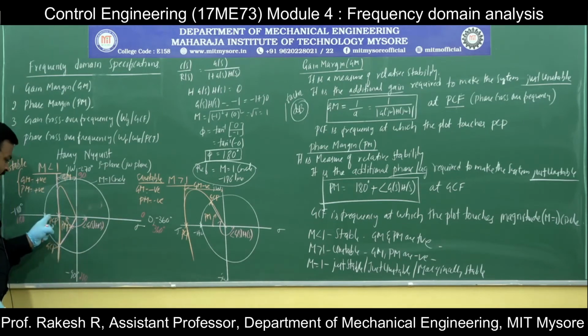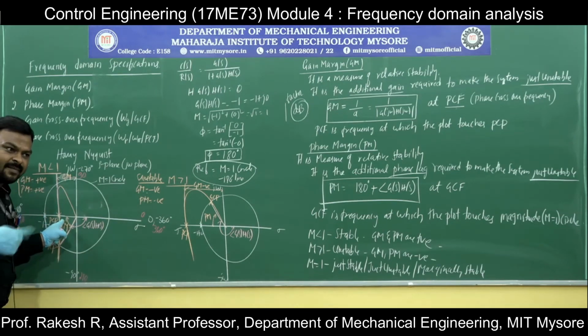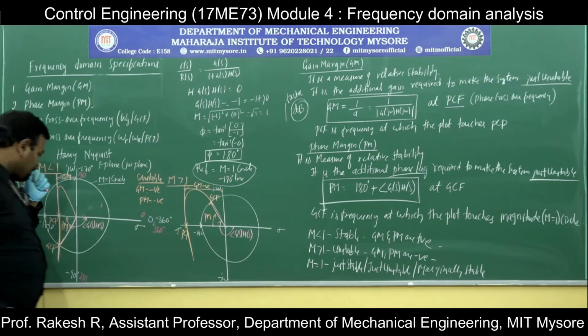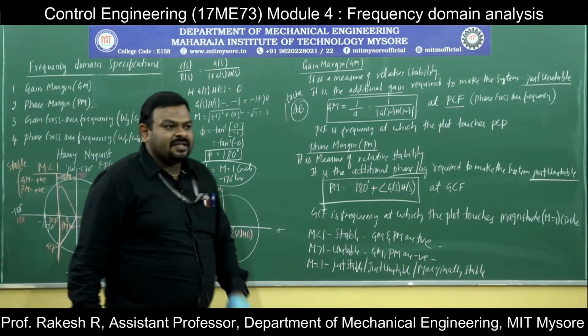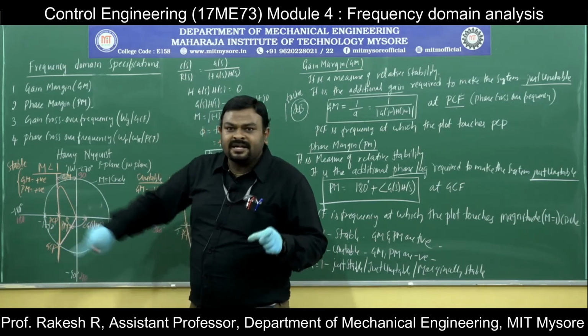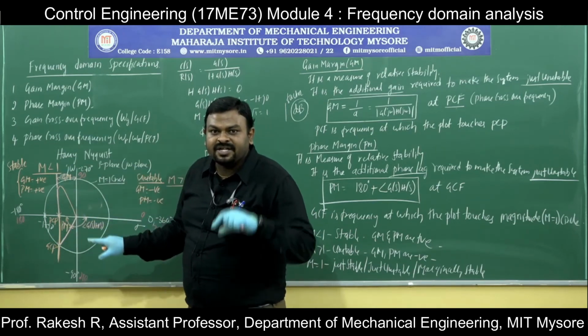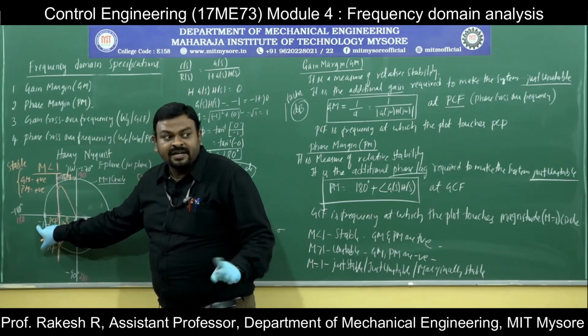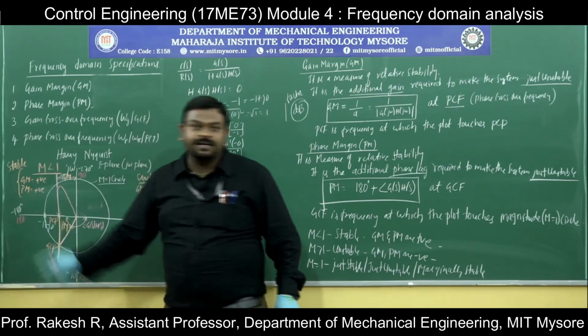That means, instead of saying inside the magnitude circle, before the phase crossover point, the critical point minus 1 plus j0 is located after the plot.